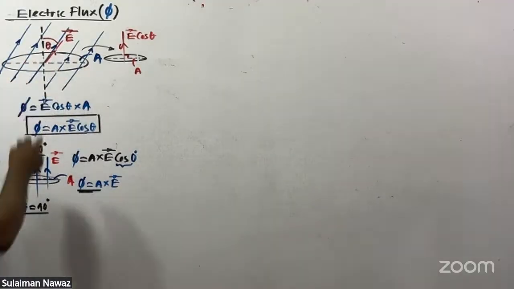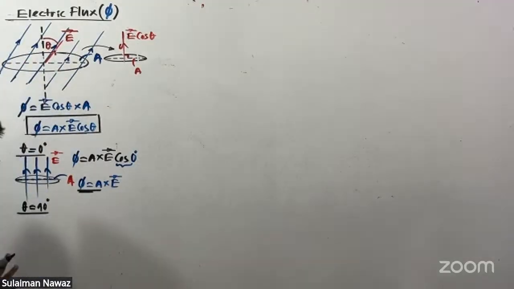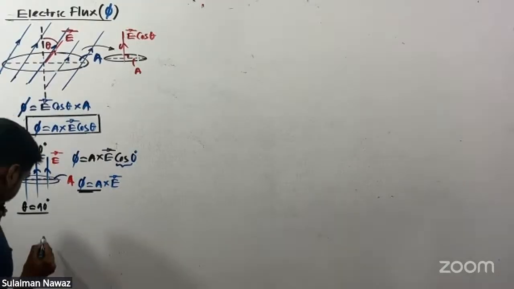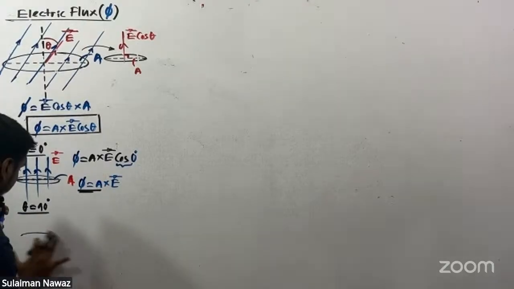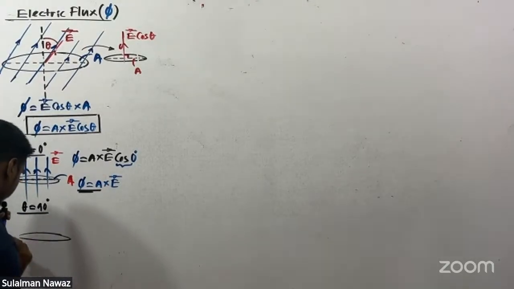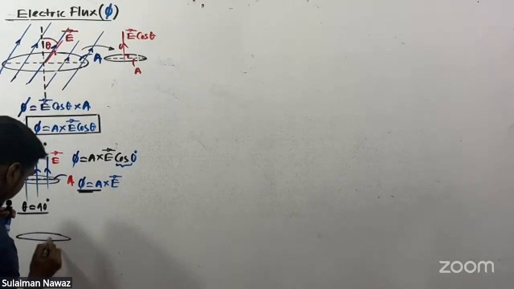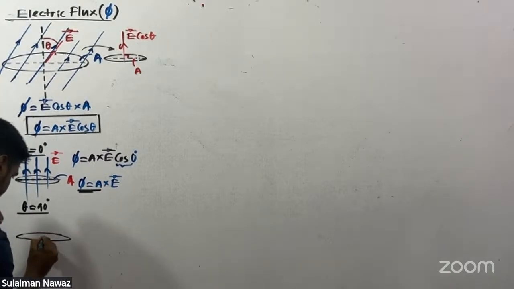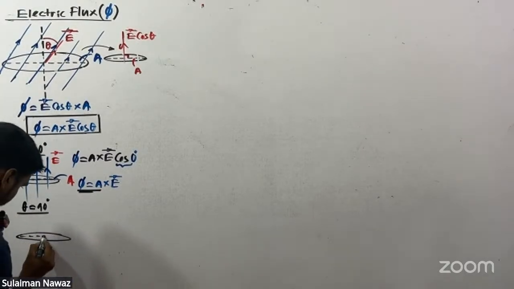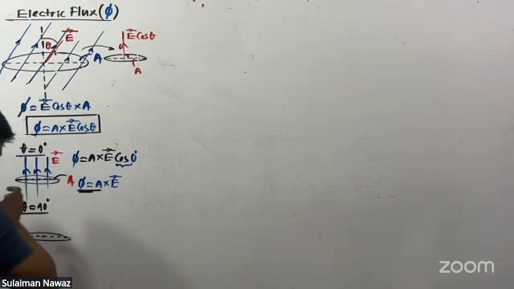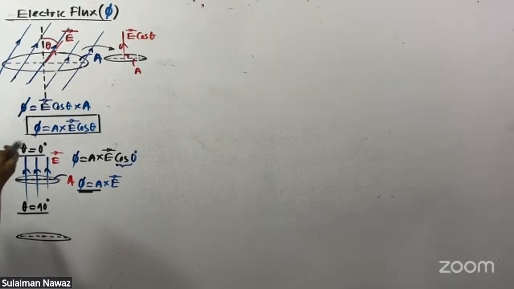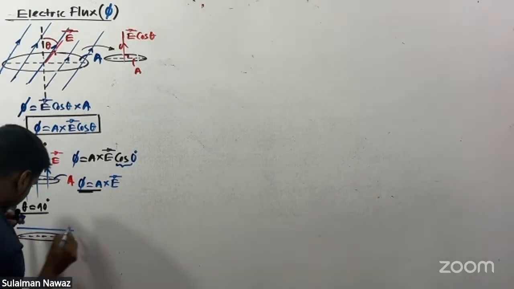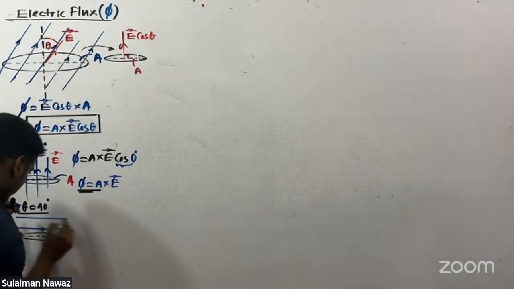If I draw the electric field lines, if the angle is 90, the electric field lines are going to be horizontal.